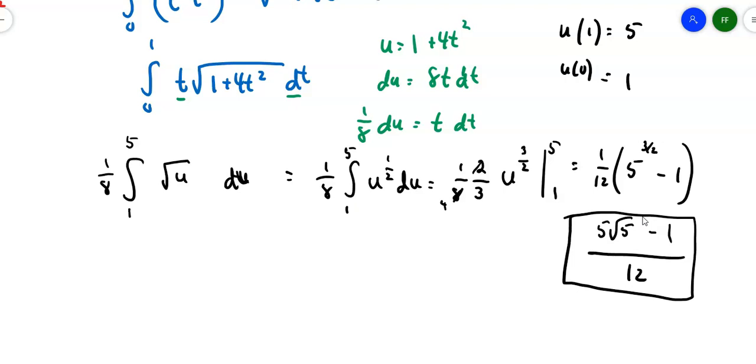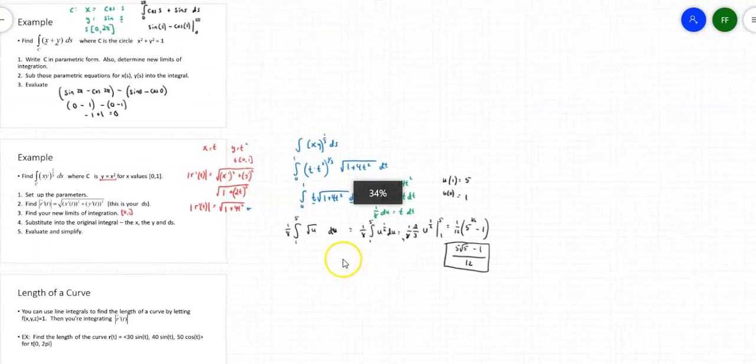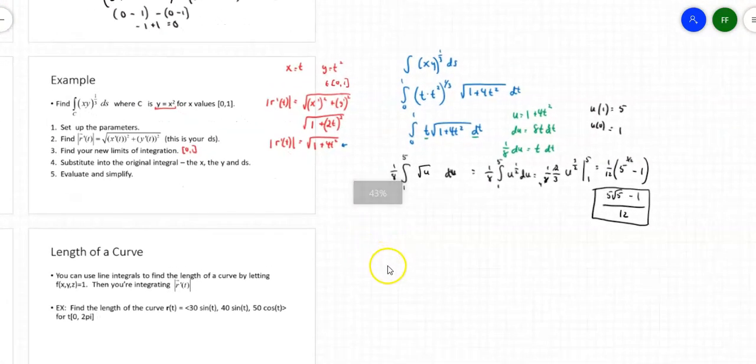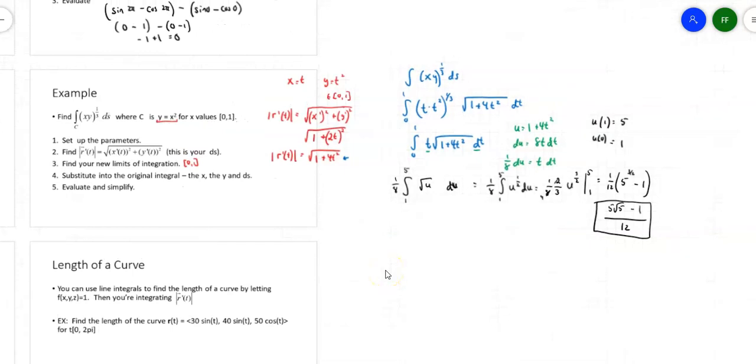If you want a little recap, let's zoom out and see what we did over here. I took the original function that was given integrated with respect to s. My curve did not have an arc length that was equal to the parameter, so I had to reevaluate that. So I set it up in terms of t, let the t's go from 0 to 1, and that gave me the same limits there.